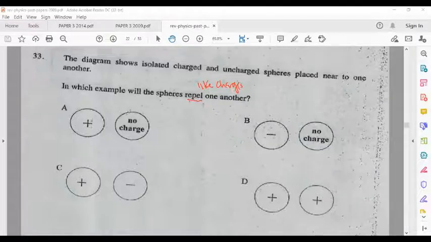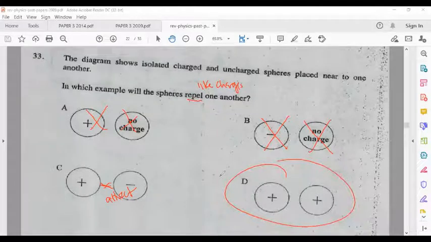So this is no charge and positive, so no. We have positive and negative. Well, that's going to be an attraction because they are unlike. Same situation here. We're just going to get no effect with this no charge and negative. So our answer is D. Two positives, they will repel each other. Same thing would happen if we had two negatives. They would also repel.